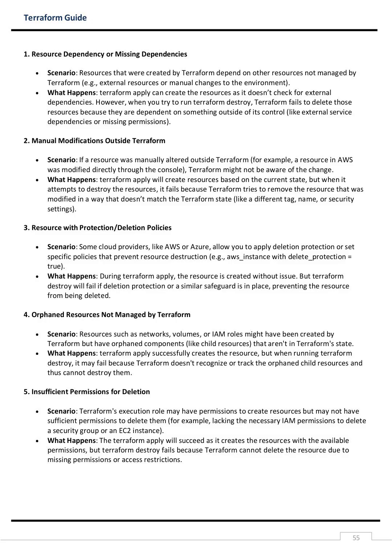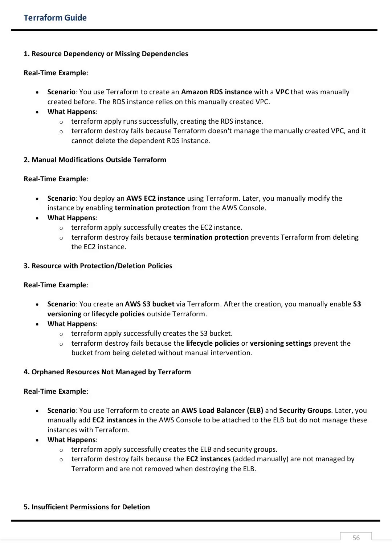But Terraform destroy fails, because Terraform cannot delete the resource, due to missing permissions or access restrictions. 1. Resource dependency or missing dependencies, real-time example. Scenario: you use Terraform to create an Amazon RDS instance with a VPC that was manually created before.